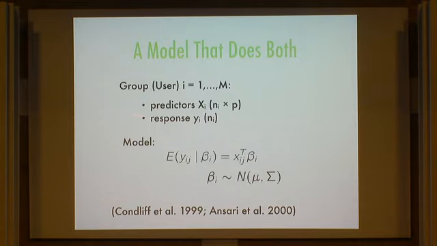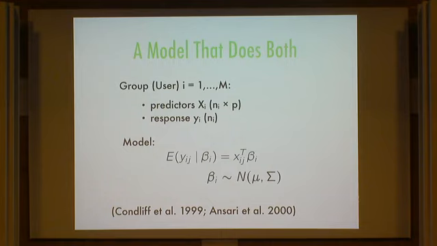I think this is related to user-specific tastes, which are encoded in a coefficient vector beta i, and movie-specific attributes, which are encoded in a covariate vector xij. And then there's an additional population structure. I think that if I took all the coefficients for all the users, they come from some larger population, in this case normal with some mean mu and covariance matrix Sigma.